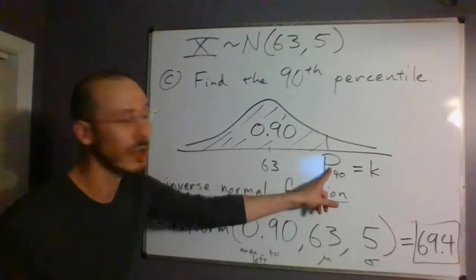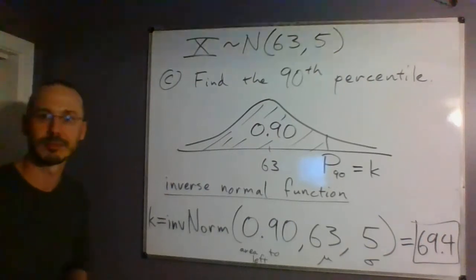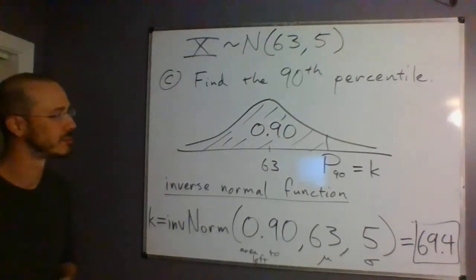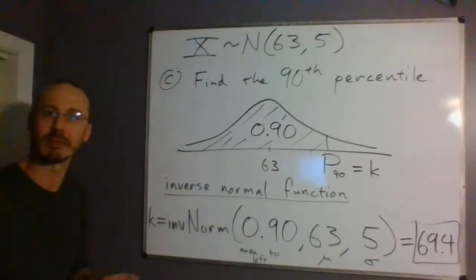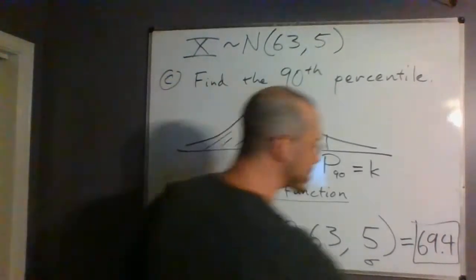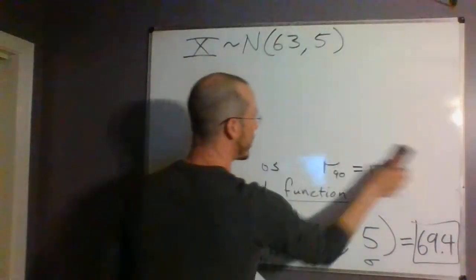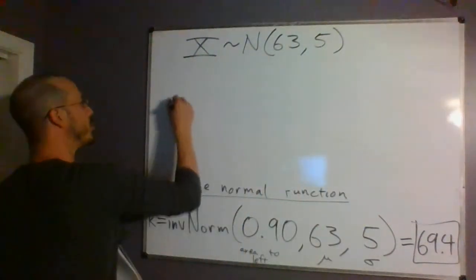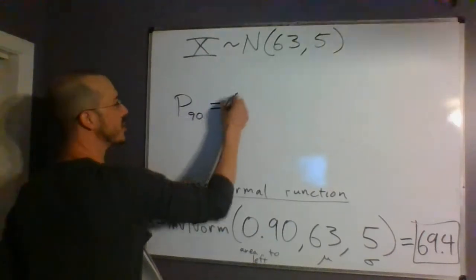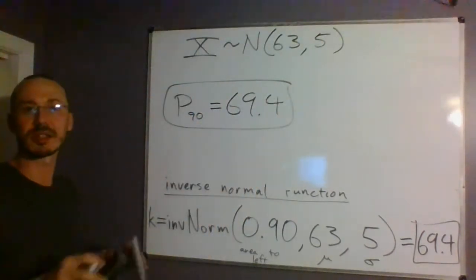The test score for which 90% of the test scores are less than. That wasn't great grammar, but I think you get the idea. In other words, my summary here would be P90 equals 69.4. The 90th percentile is 69.4.